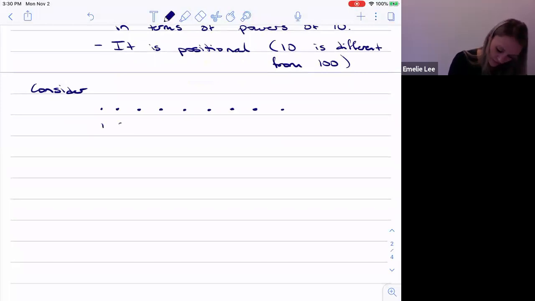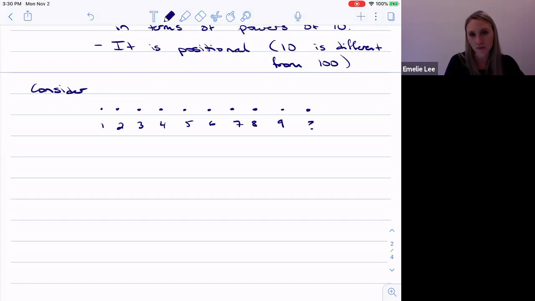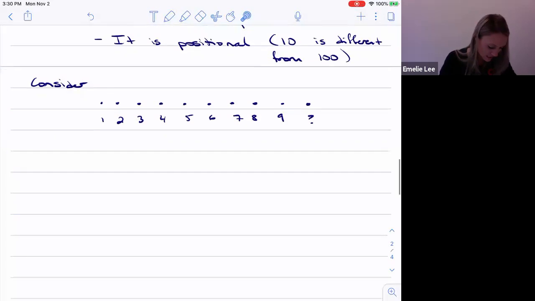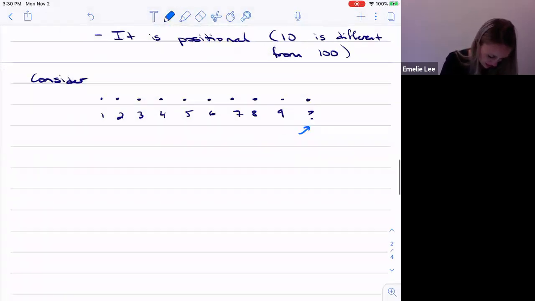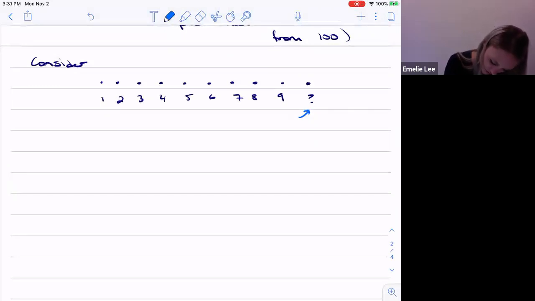So here I've got 1, 2, 3, 4, 5, 6, 7, 8, 9. The problem that we as people had initially was, what do we call this thing? And so what we did is, well, we had a couple of options. We could invent a new digit.